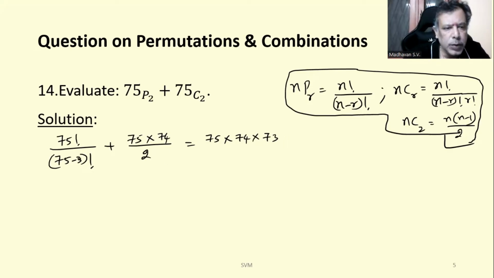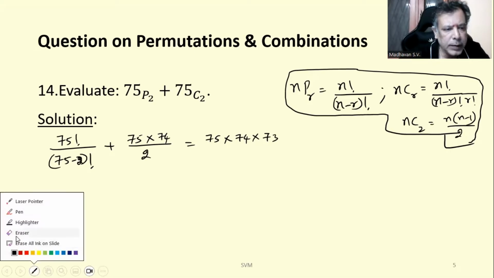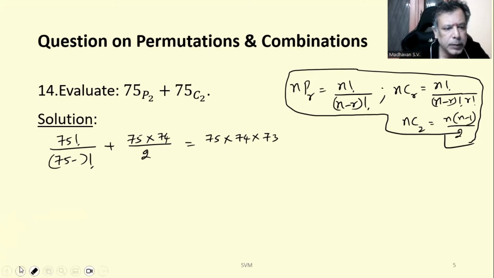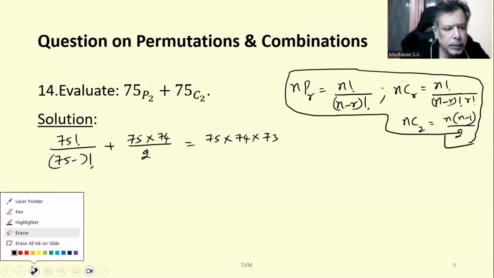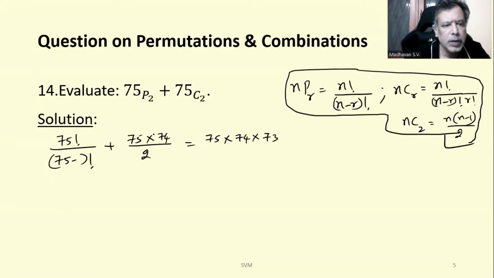Sorry, this is 2, let me rewrite it. 75 minus 2 means the denominator is 73 factorial, plus 75 into 74 by 2. This and this get cancelled.